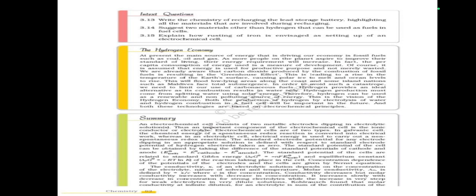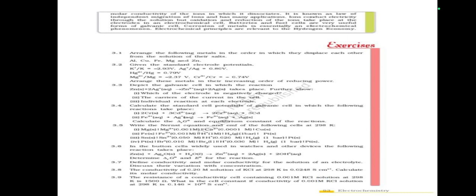It increases slowly with the decrease in concentration for strong electrolytes, while the increase is very steep for weak electrolytes, in very dilute solutions. Kohlrausch has found that molar conductivity at infinite dilution for an electrolyte is the sum of the contribution of the molar conductivity of the ions in which it dissociates. It is known as the law of independent migration of ions and has many applications.